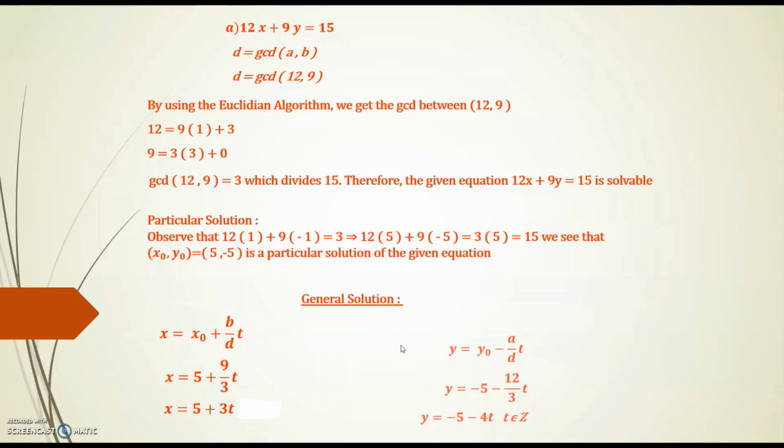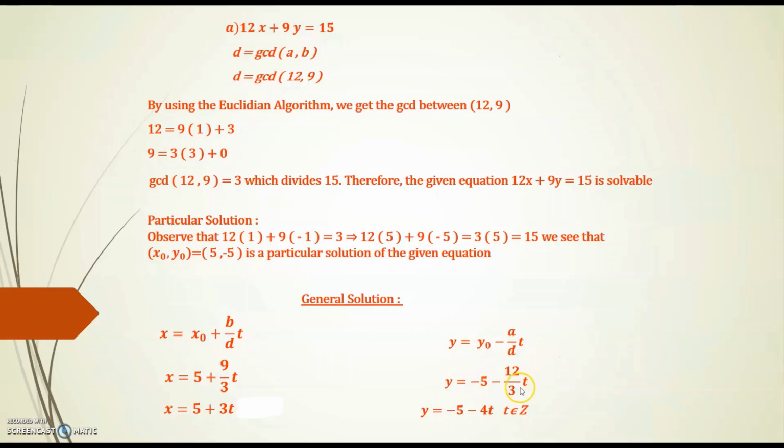Now we're going to do the same thing but for y. Just keep in mind that here the equation changes a little bit. Instead of being addition, it's going to be subtraction. So we get that y is equal to y0 minus a over d times t. If we do the same procedure and substitute back the numbers into the equation, we get that the general solution for y is negative 5 minus 12, which is the coefficient of x, divided by the GCD between 12 and 9, which is 3.